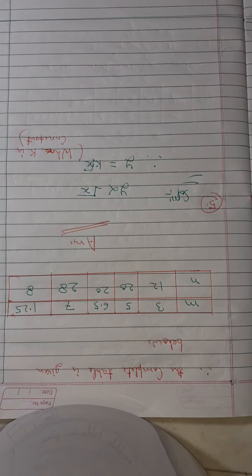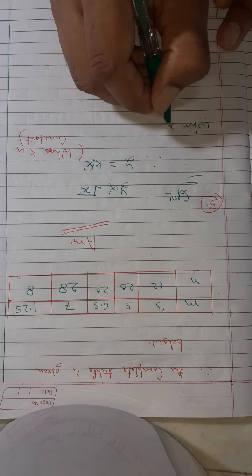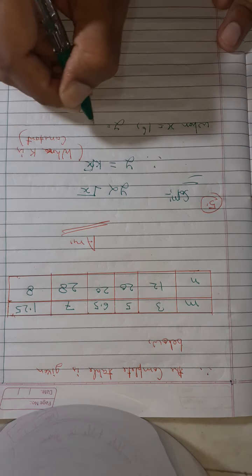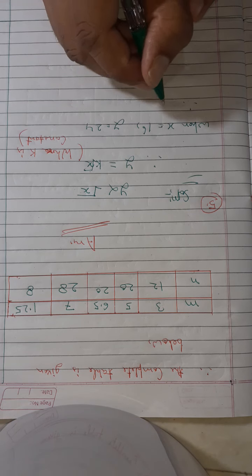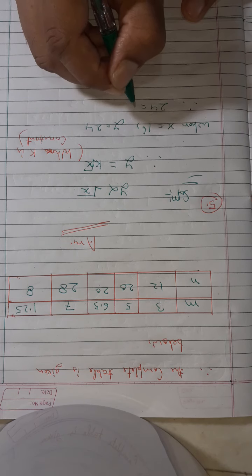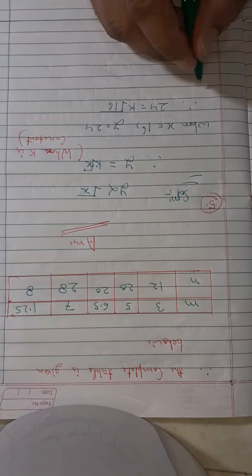Now when x is equal to 16 and y is equal to 24, therefore what will be there? 24 is equal to k into under root 16.